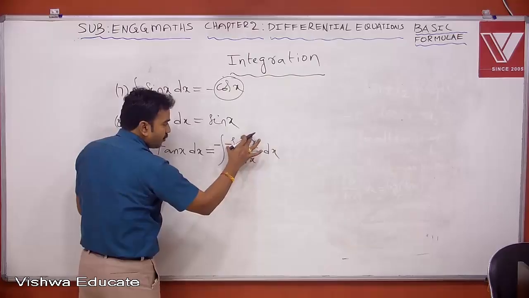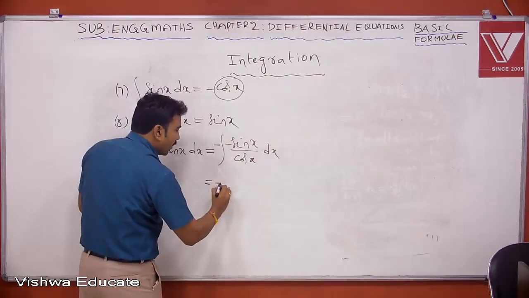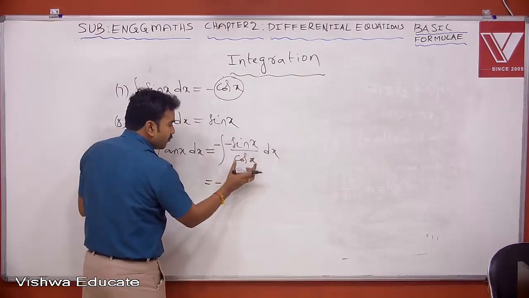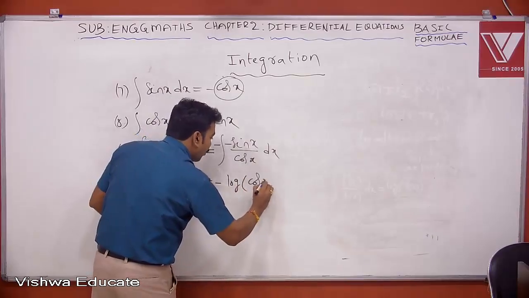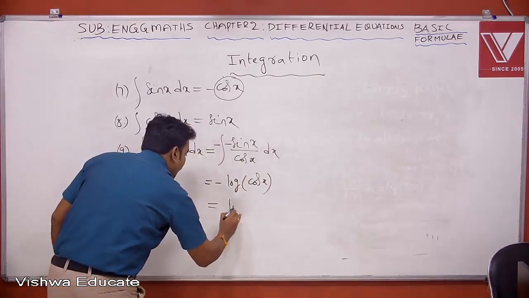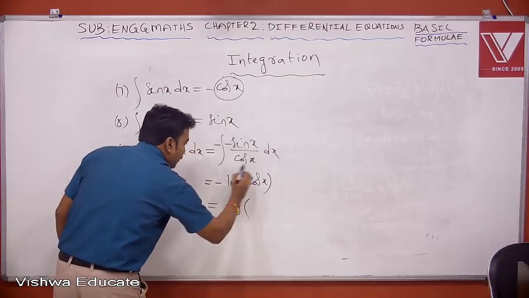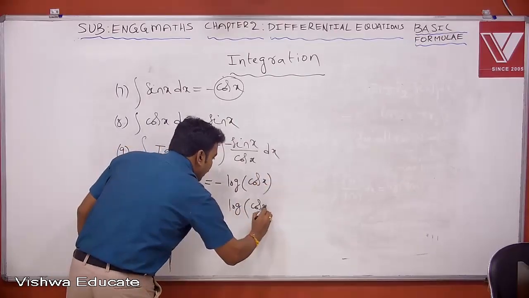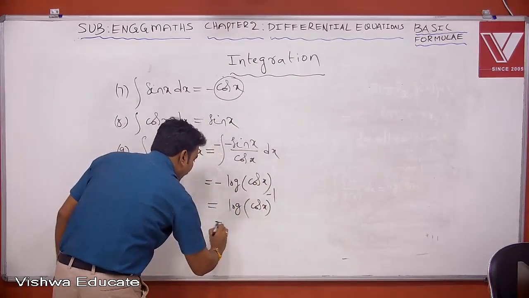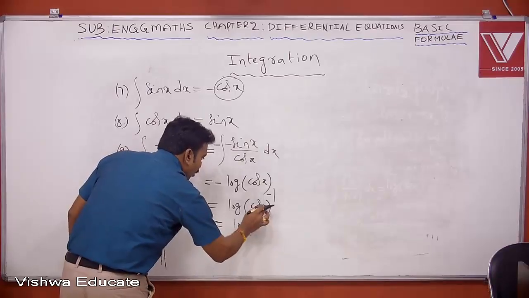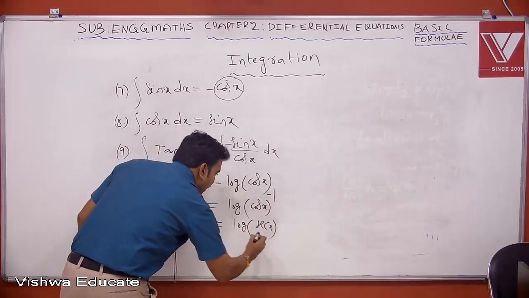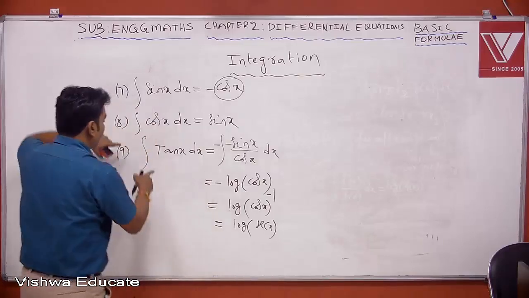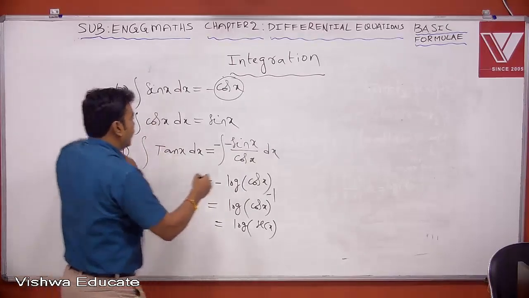Now the derivative of cos x is minus sin x. Therefore, according to formula number 6, this will be minus log of the denominator. This is cos x. So this minus appears as a power: log of cos x whole power minus 1. 1 by cos x is secant x, just by applying rule number 6.